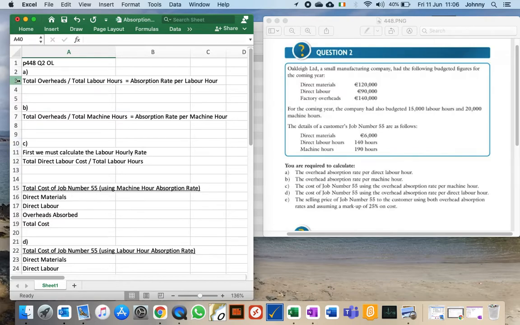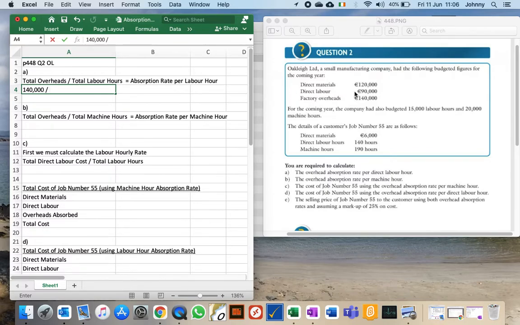So for the first one, the formula we're looking at is to work out the absorption rate per labor hour. We'll have the overheads divided by the number of labor hours, and that will tell us how much we need to charge for overheads for every labor hour on any one particular job. In this case, we have factory overheads of 140,000, which we'll divide by the number of labor hours.